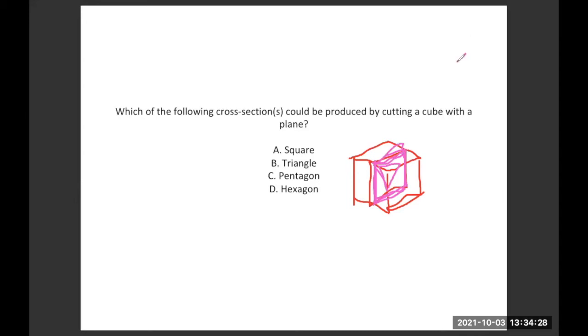So that's where a lady finger's cross section is a pentagon with holes in between. Correct? Yes, ma'am. So that is called a cross section. This is called a cross section of a lady finger. You are not concerned with what shape remains after cutting. You are just concerned about what different shapes can I get from cutting a cube with a plane.